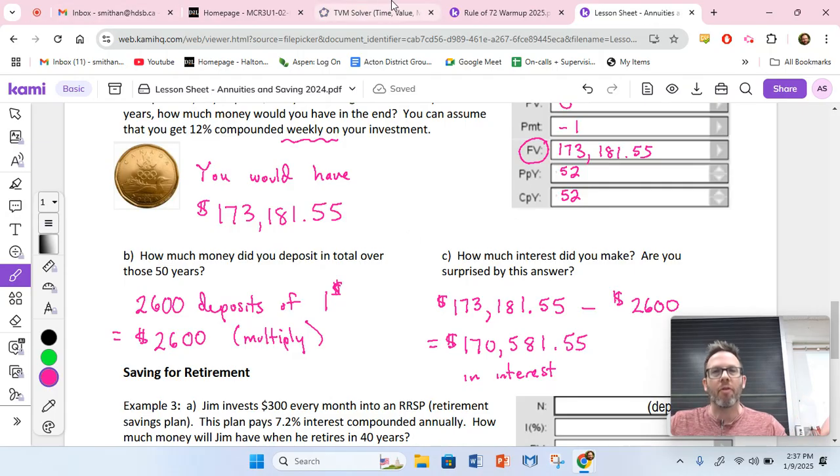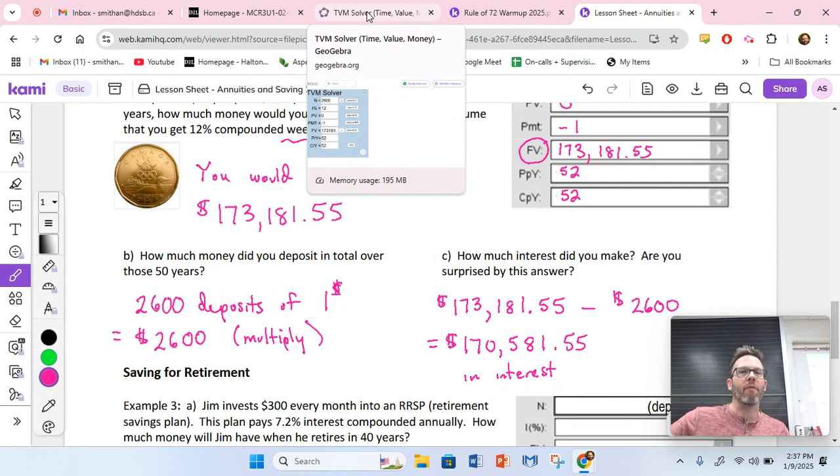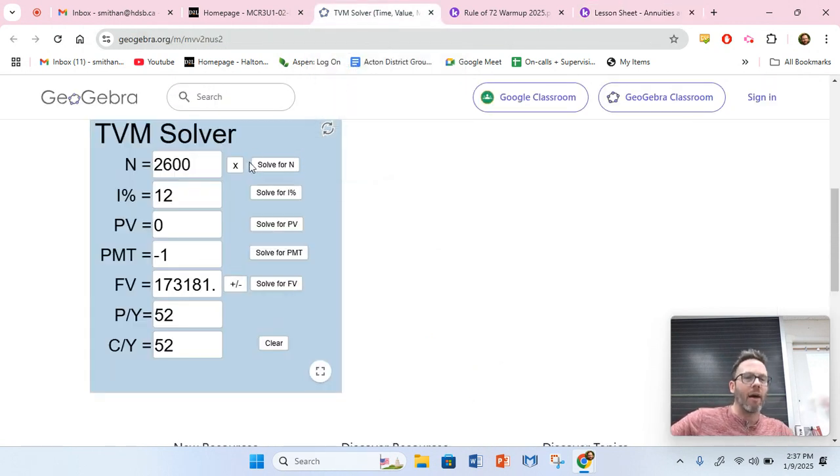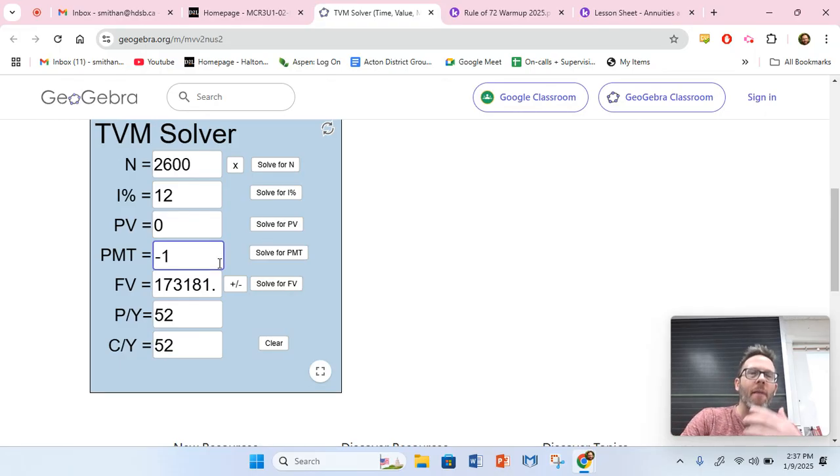And you know what the interesting thing, a useful thing with TVM solvers is you can make changes on the fly and have immediate updates. So for example, what if you doubled it to gasp $2 whole dollars a week? If you could sacrifice 37 less Robux and put in $1 extra a week, how much would you have in 50 years?